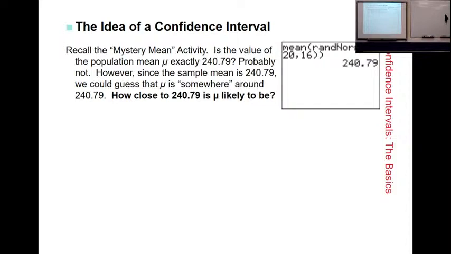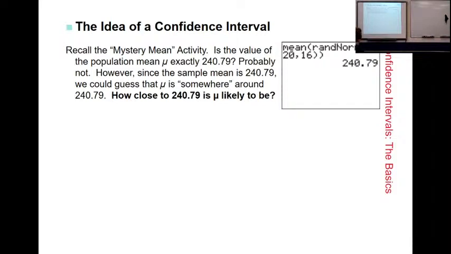So, we can't say exactly what the mean is. But this can give us plausible values for what the mean is. Because if I got a sample that had a mean of 240, then, for example, the mean is probably not 5,000. It could be, but that's really unlikely. Probably not that high.